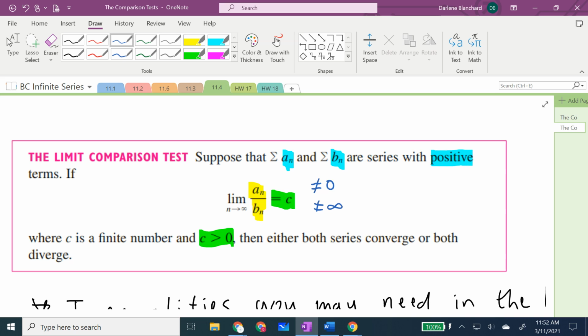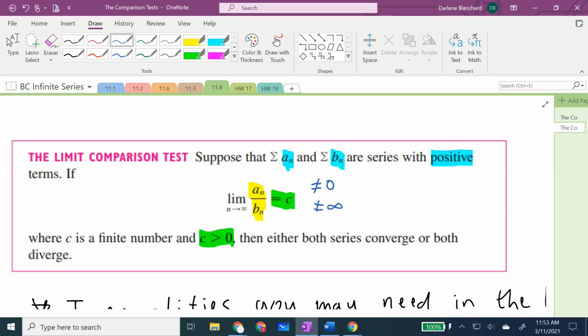So for me, I picture these two terms having like a tether between them. If you can show that they form a ratio that is a positive, real, finite number that holds them together by this finite tether, then if one of them is finite, the other one is just within a ratio finite as well.